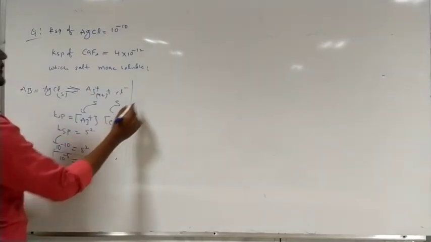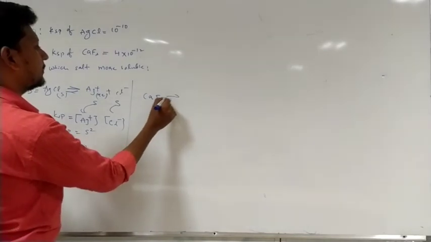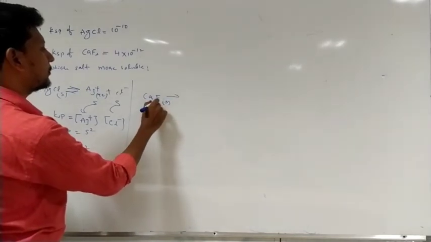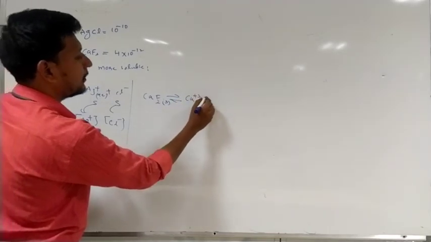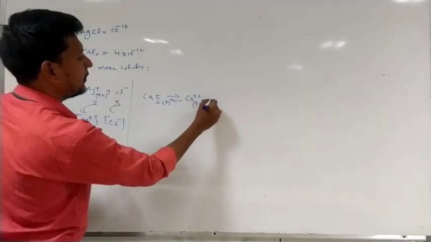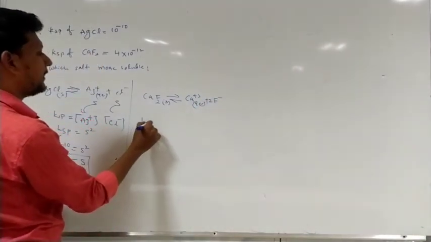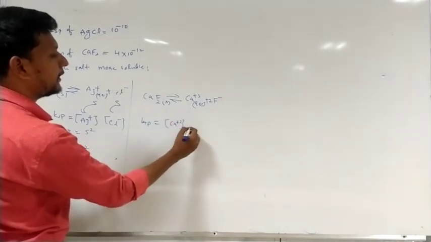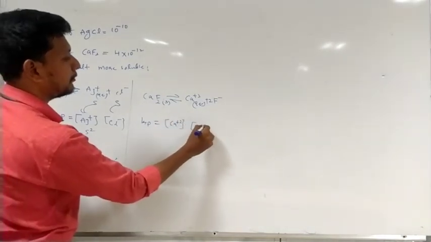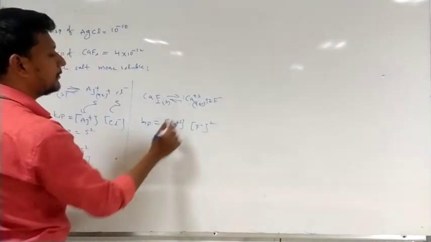And the next one is CaF2 solid, and here it will undergo dissociation in aqueous solution. Here 2F minus. For this one I am writing Ksp is equal to the concentration of Ca 2 plus and the concentration of F minus to the power 2.